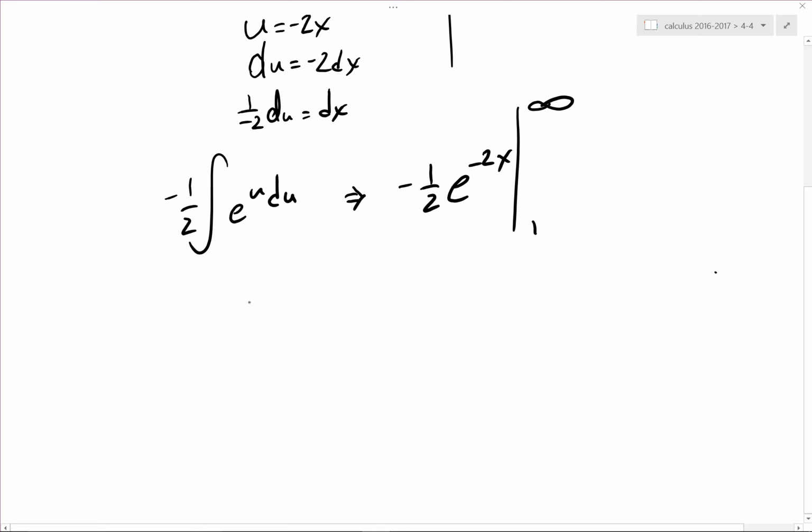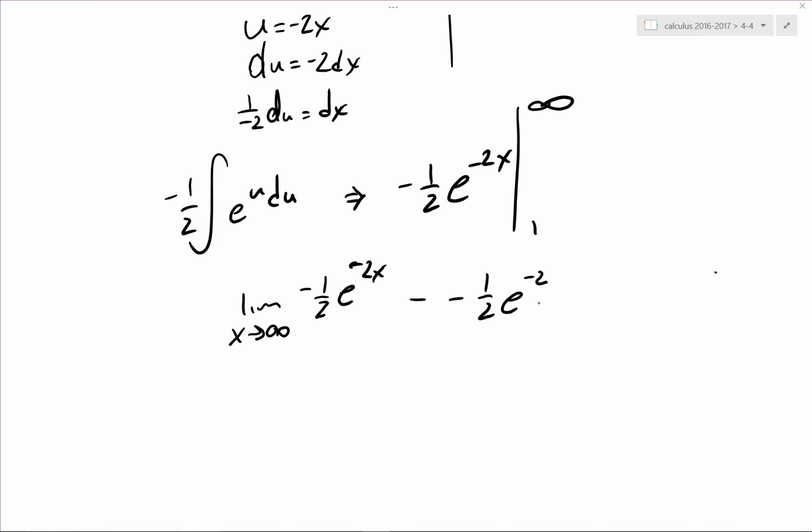Okay, so let's do this. What is the limit as x approaches infinity of negative a half e to the negative 2x, minus negative a half e to the negative 2? Right? Why did you do the second one?